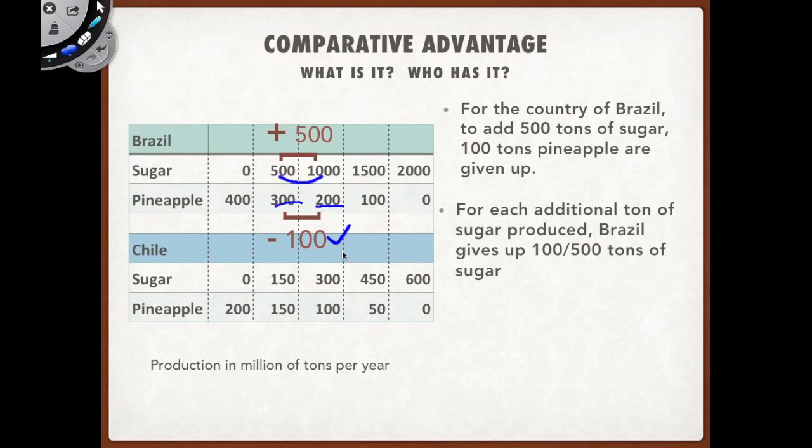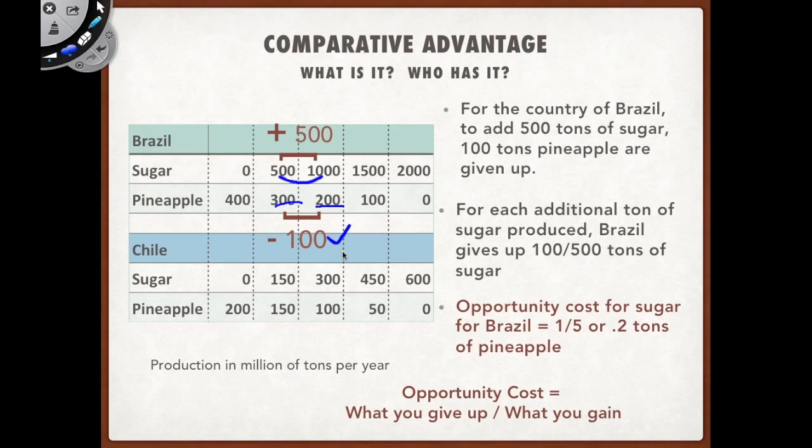And how do we get that number? You calculate the opportunity cost by looking at what you give up, and to put it on a unit basis so we can compare from one product to the other, you divide it by what you have gained. So the opportunity cost for sugar for Brazil is 1/5 or 0.2 tons of pineapple.